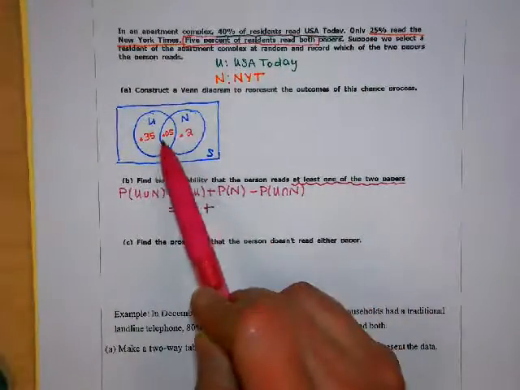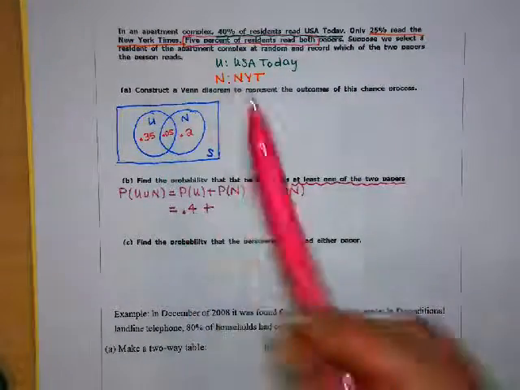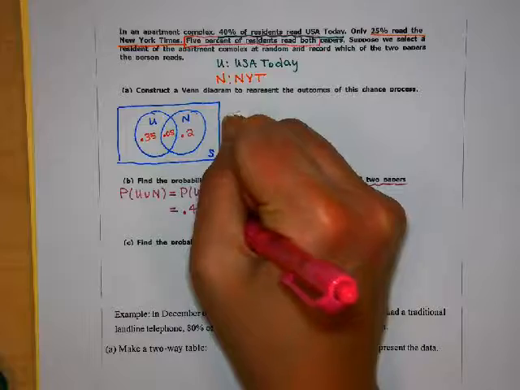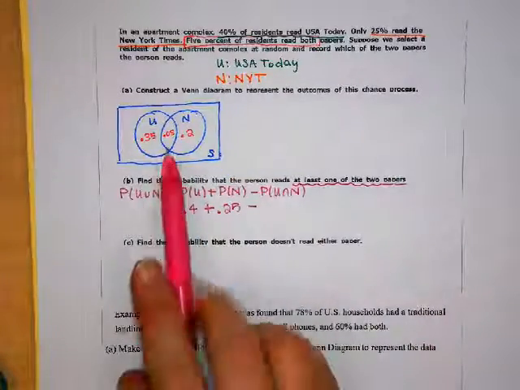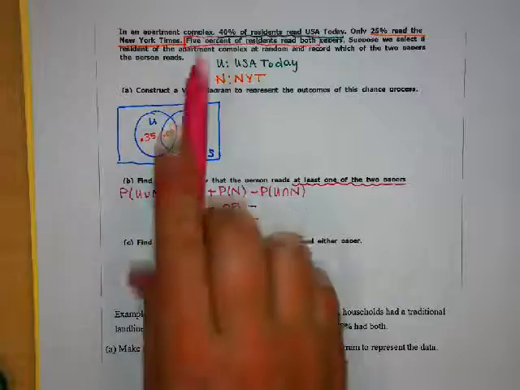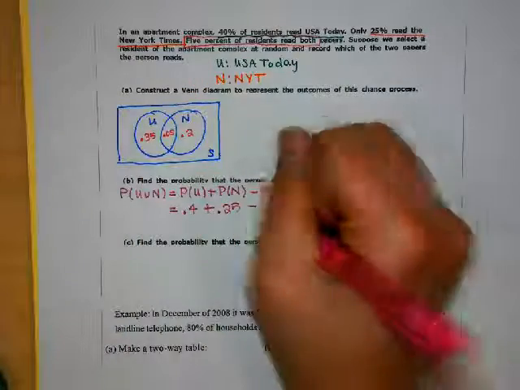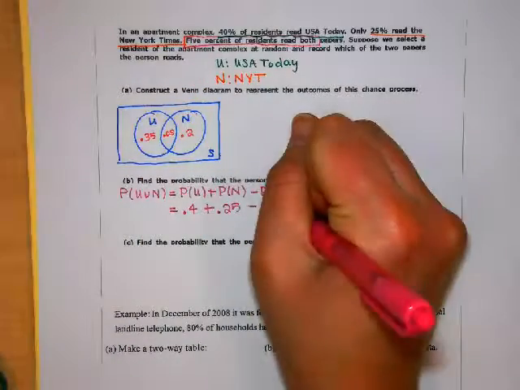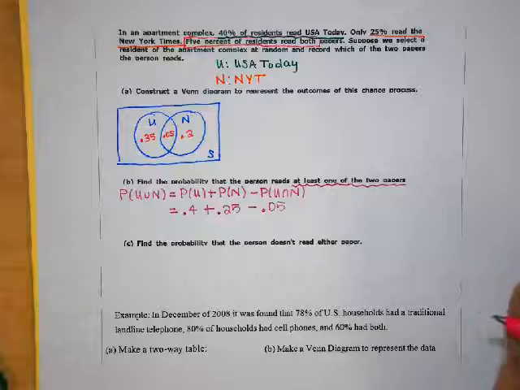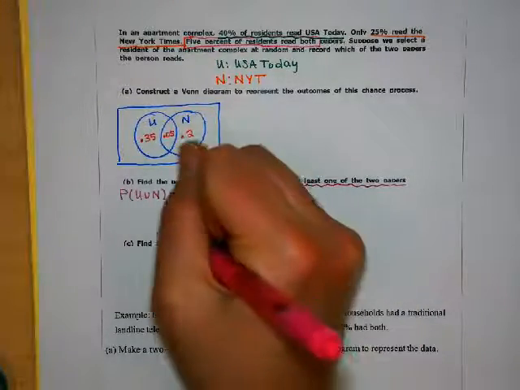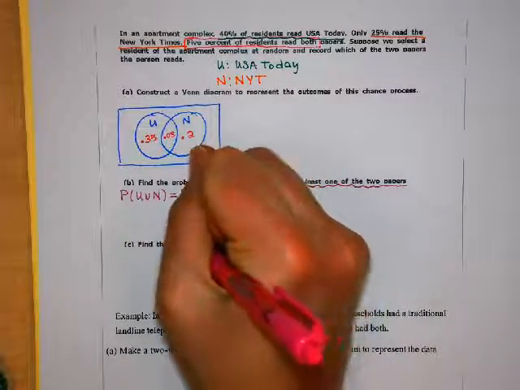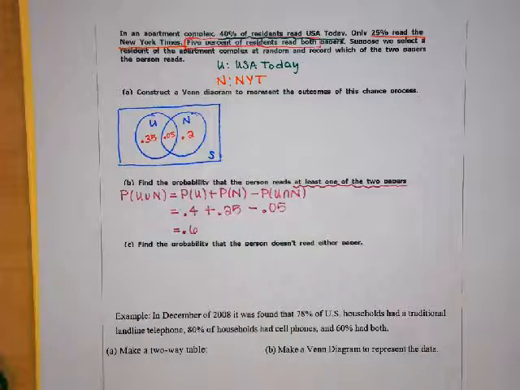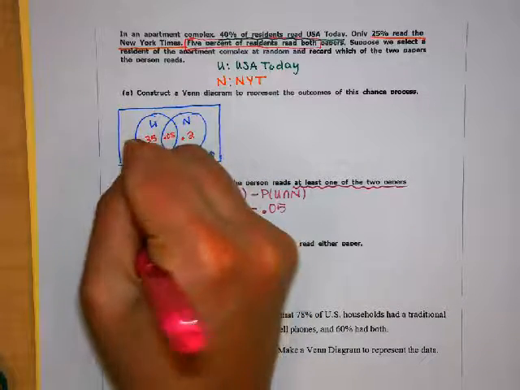And then we subtract the overlap because we counted it twice, which is 5%, or it's up here, 5%. So 0.4 plus 0.25 is 0.65, and 0.65 minus 0.05 is 0.6. So the probability they read USA Today or they read the New York Times is 0.6 or 60%.